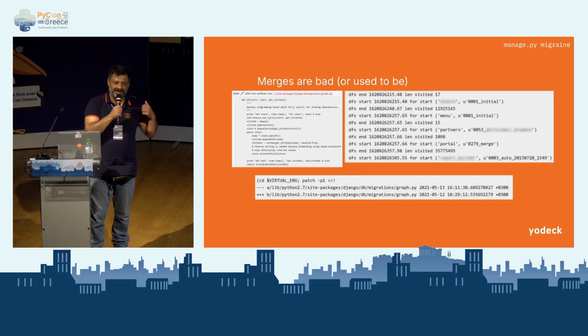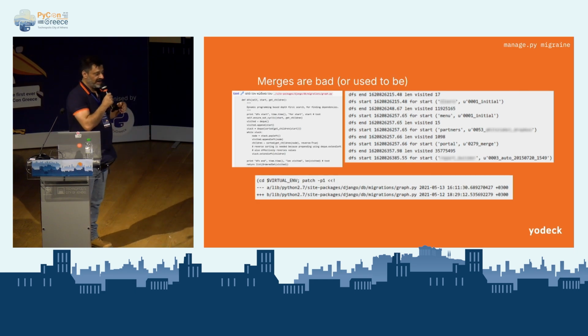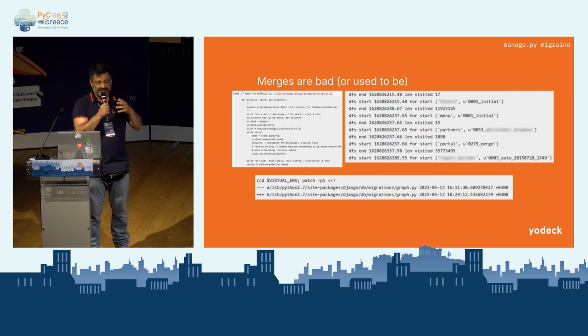There was a bad algorithm in Django's migration management. We used to merge migrations. This is the official way: if you have one migration and another migration which are not related, you're supposed to make a merge migration that joins the two.